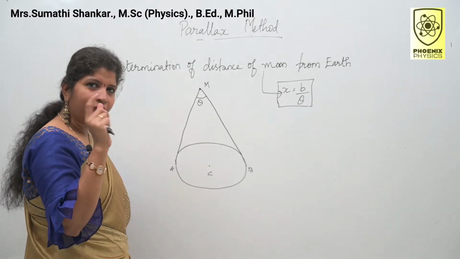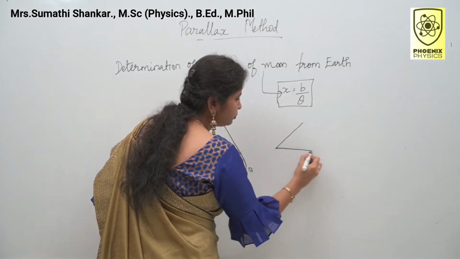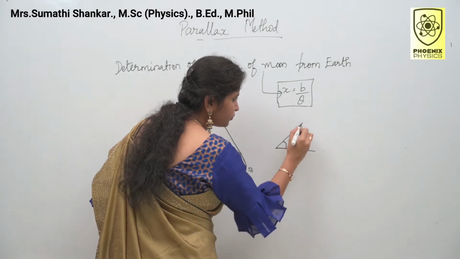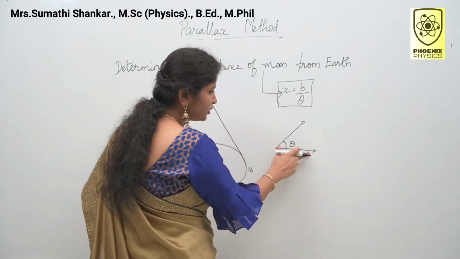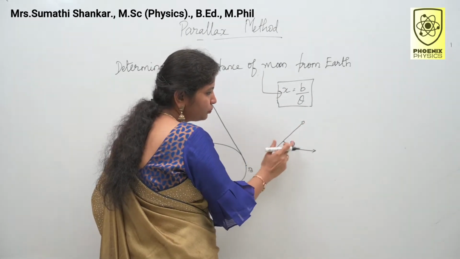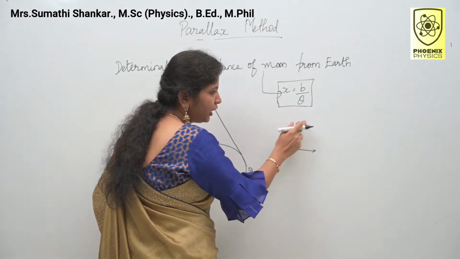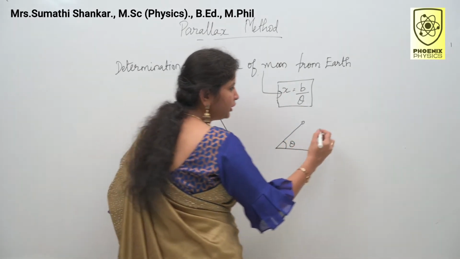What is an angle? Simply we can say it is the inclination between two lines. This is theta, right? This line is a horizontal line, and this is the angle. This is one reference line, and these two lines make an angle theta, or theta can be like this.